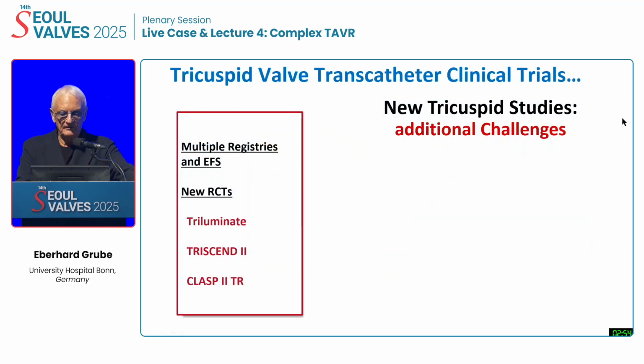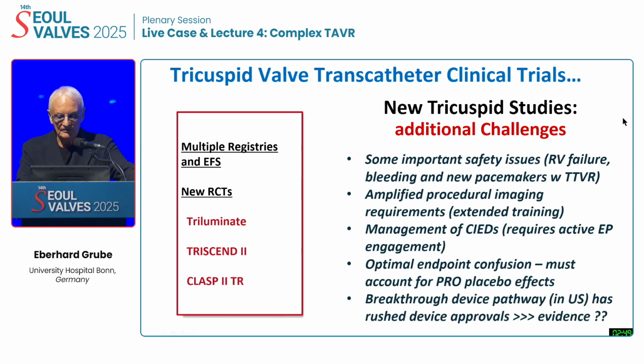Again, tricuspid valve transcatheter clinical trials, additional challenges. Some important on the left side, multiple registries and EFS, as we all know, and new randomized trials, Triluminate, TRISCEND-2, and CLASP-2.